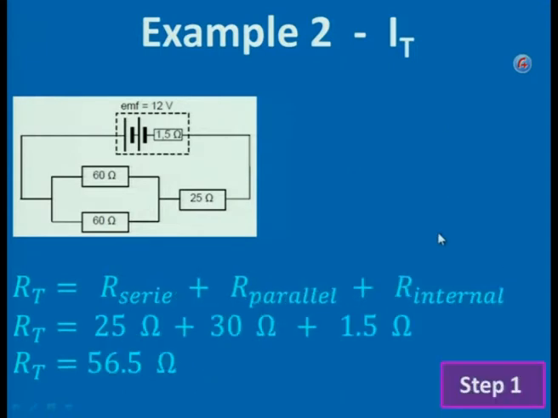So, if we want the total resistance, the resistance in series is 25 ohms. The resistance in parallel, we just calculated to be 3 ohms, plus the internal resistance, given in the question, 1.5 ohms. So that gives you 29.5 ohms.